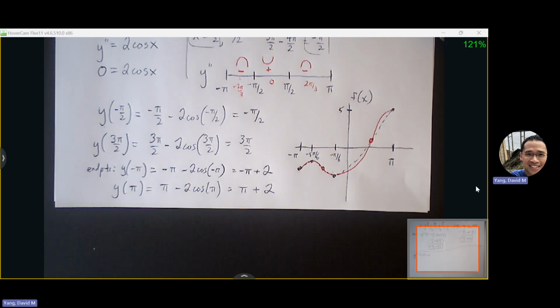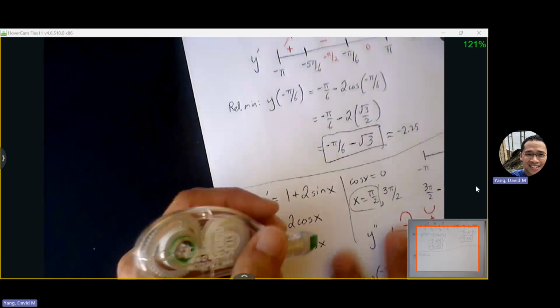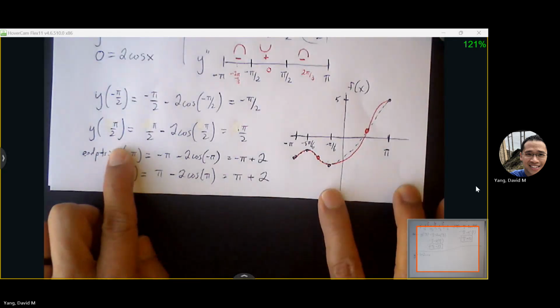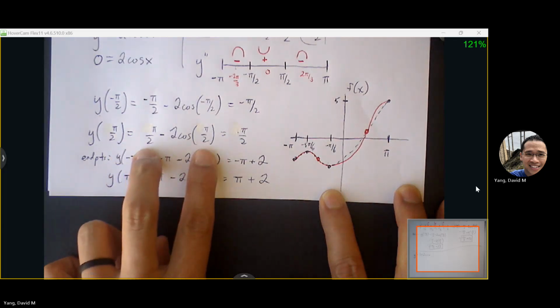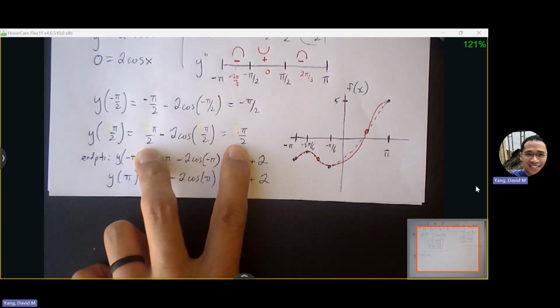I did not change to the appropriate value there. Okay, should be pi over 2, not 3 pi over 2. That's what you got. Okay, thanks.